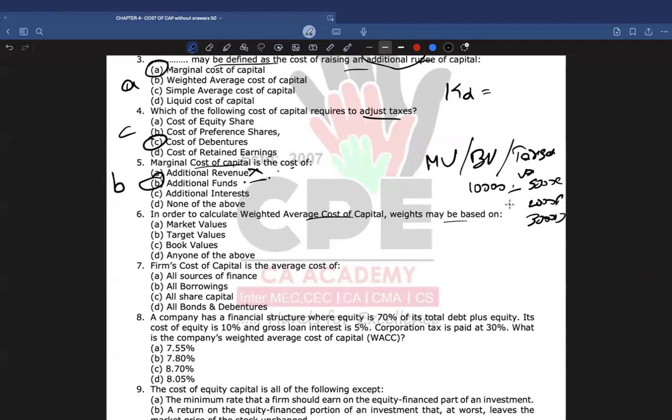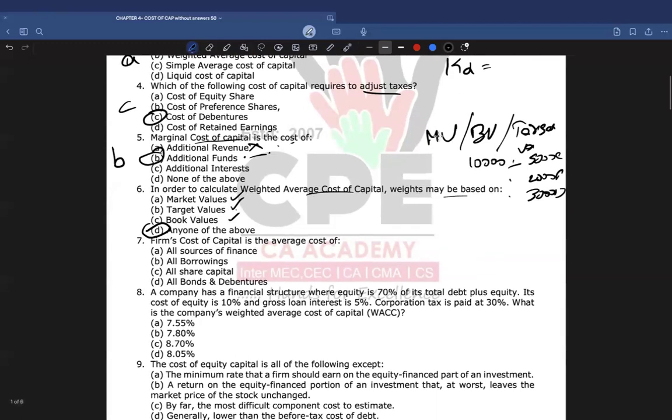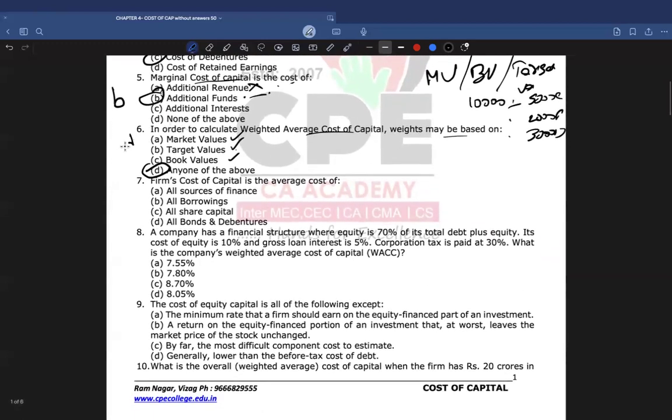So then 50%, 20%, 30%, ఈ ratio is supposed to be the weight. So answer is any one of the above. So మీరు మార్కెట్ వాల్యూ వాడచ్చు, బుక్ వాల్యూ వాడచ్చు, అలాగే టార్గెట్ వాల్యూస్ ఈ మూడిట్లో ఏదైనా వాడచ్చు. సో ఆన్సర్ is D.